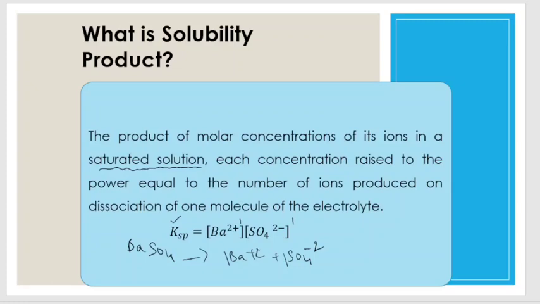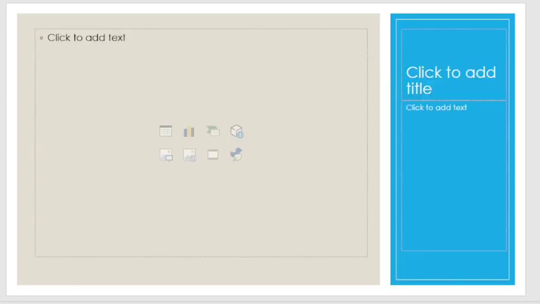Okay, now let us see what is a saturated solution and what is an unsaturated solution. Is there any solution called a supersaturated solution or not? Let us briefly know what they are actually.